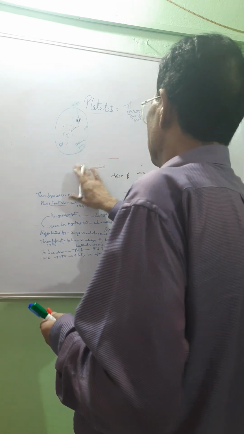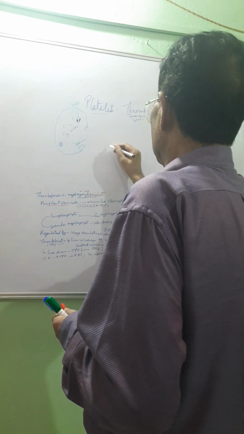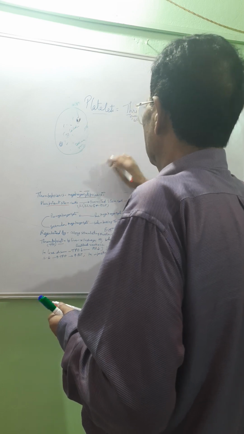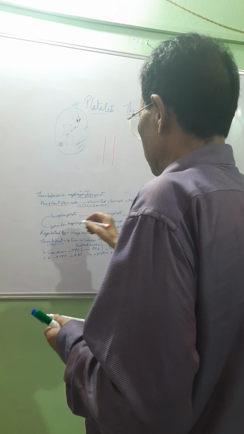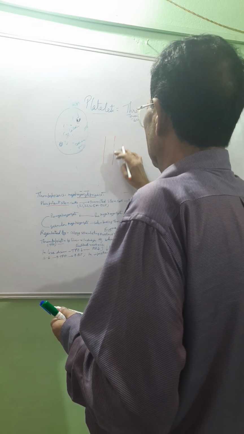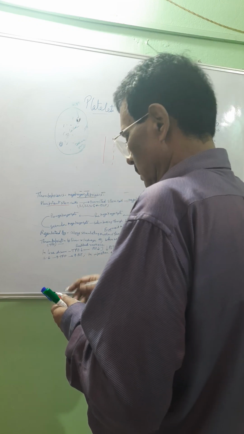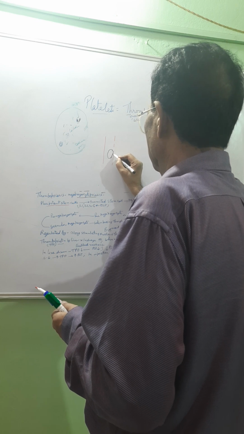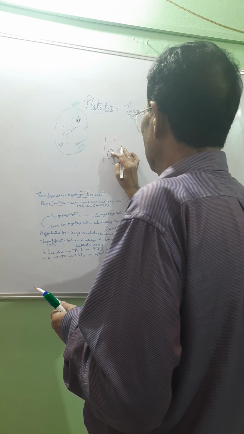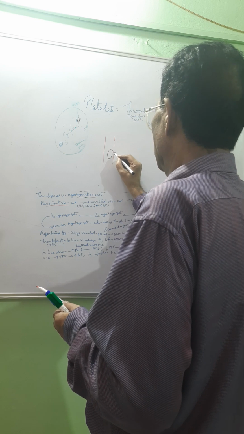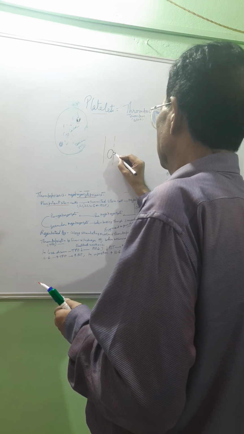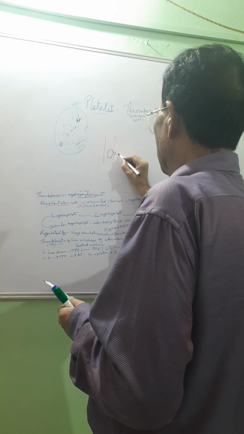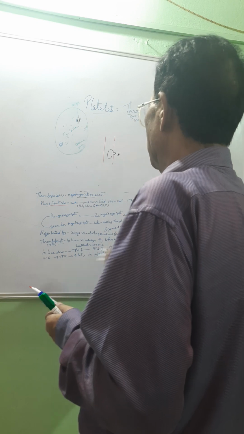The granular megakaryocytes are large cells, and when they try to pass through the sinusoids of the blood vessel, one fragment gets detached, then another fragment gets detached, and they are known as platelets.